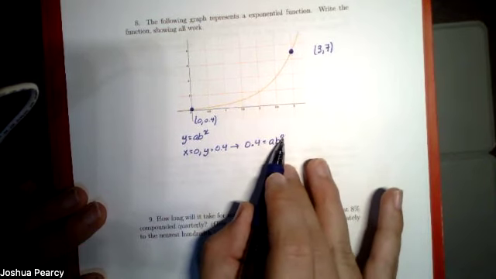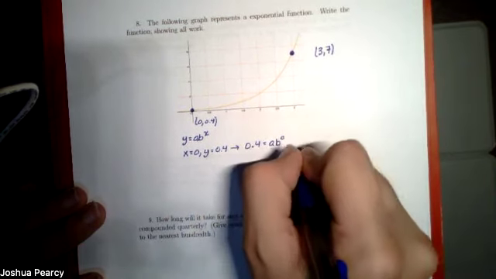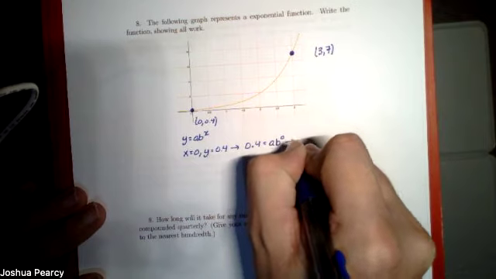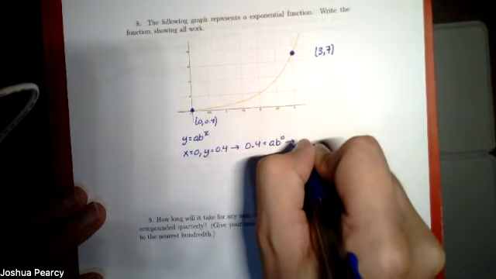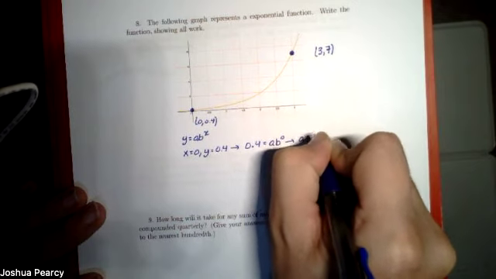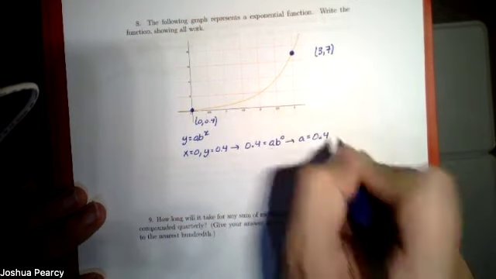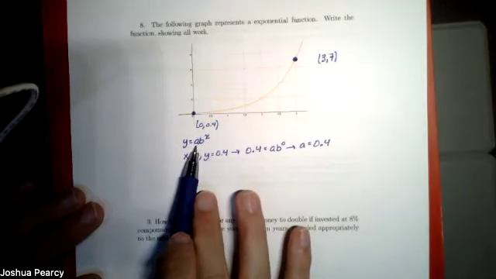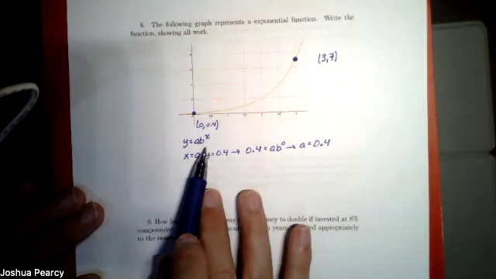But what's b to the 0? B to the 0 is just 1. So this is saying that a times 1 is equal to 0.4, or that a is 0.4. So now I know what a is. All I need to do is figure out what b is.